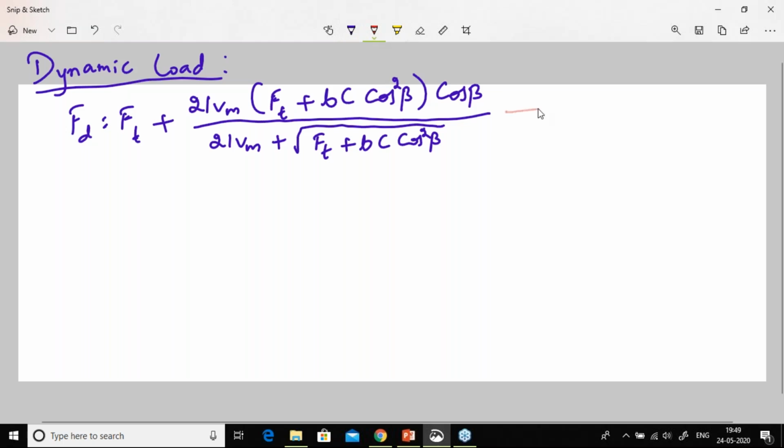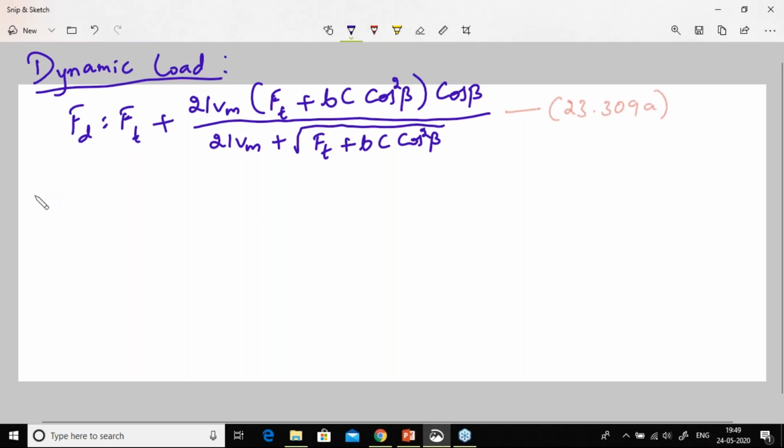Equation number 23.309a. So all the terms are same, whatever we used in the spur gears, except beta. Beta is nothing but helix angle.